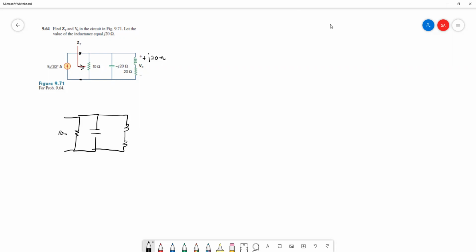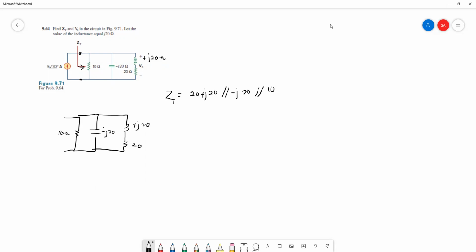This is 10 ohm, this is negative J20, this is positive J20, and this is 20. As you can see, this is a very simple circuit. Your Z total is 20 plus J20 parallel with negative J20 and parallel with 10 ohm.